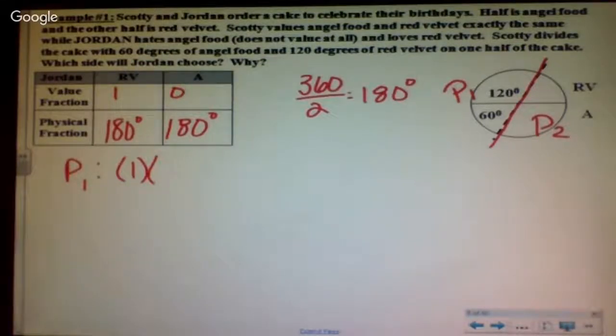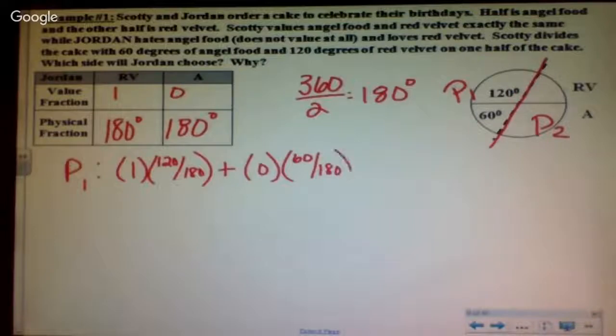Remember, this top part is red velvet, so your 120 belongs to your red velvet out of 180. Plus, he hates angel food. How much angel food is in this piece? 60 out of 180. Perfect. So find a value for Jordan for piece 1.